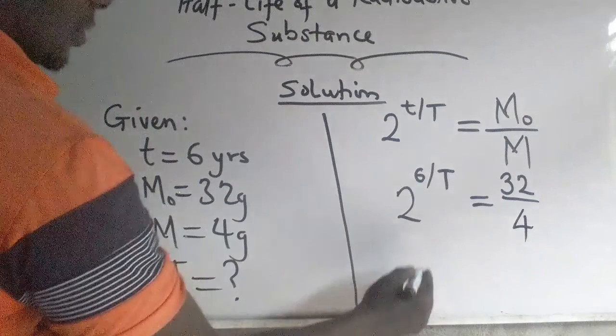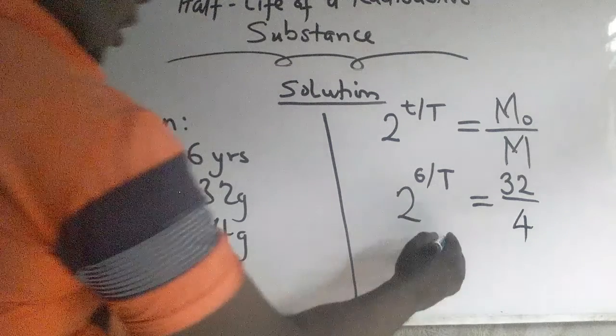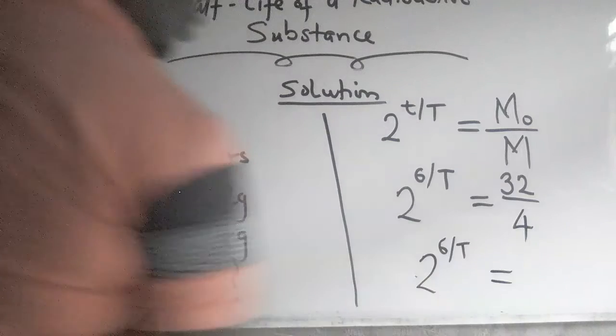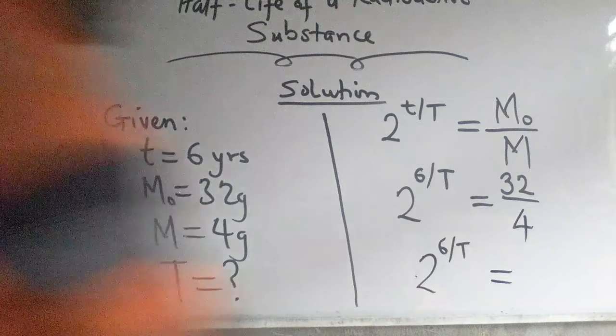Next, we write 2 raised to power 6 over T is equal to 32 divided by 4, and that gives us 8.